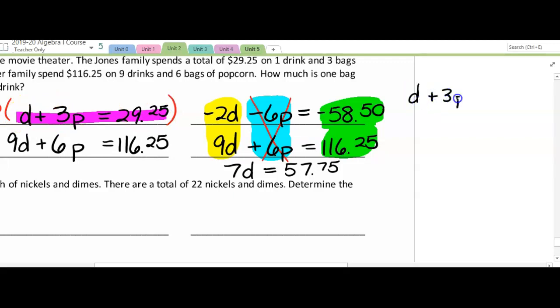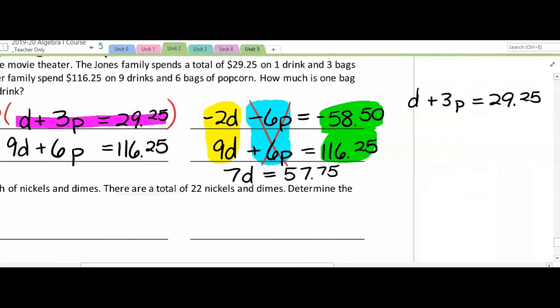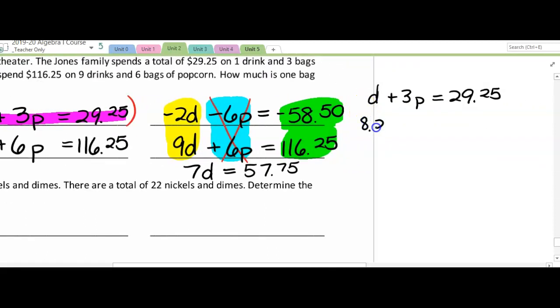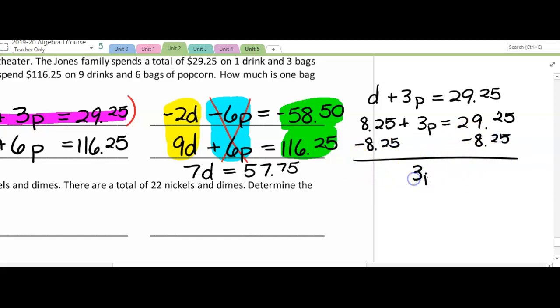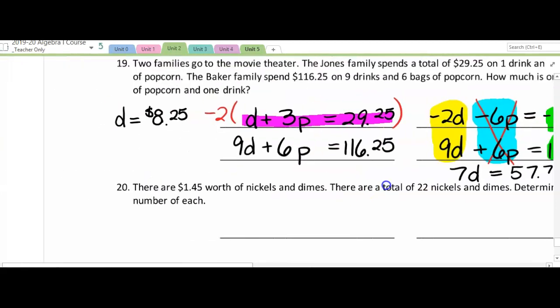Drink plus 3 popcorn is $29.25. Now if the drink, we already figured that out, was $8.25, and 3 popcorns makes $29.25, I'm going to subtract $8.25 from both sides. So 3 popcorns gives me $21, which means a popcorn is $7.